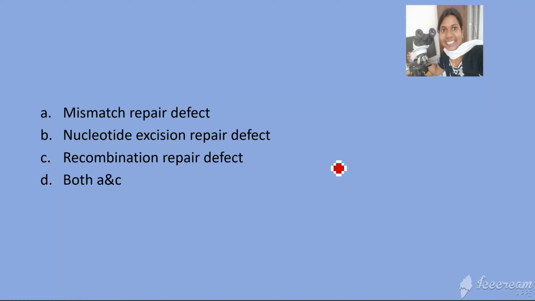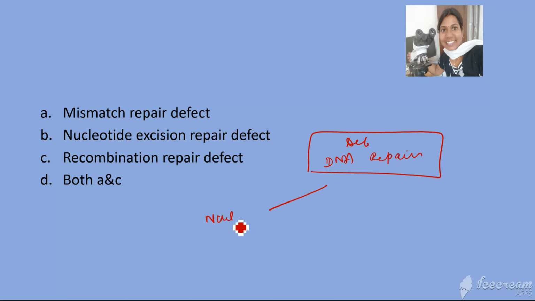So when you take disorders of DNA repair, so many DNA repair defects can lead to malignancies. So disorders of DNA repair can be due to nucleotide excision repair defects, mismatch repair defects, and recombination repair defect.